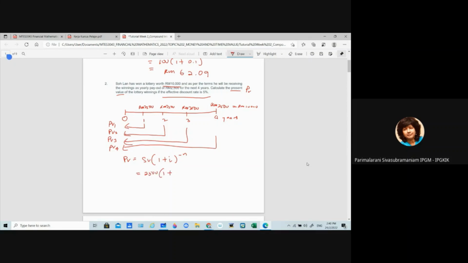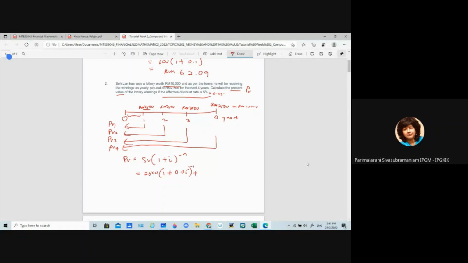So this is 2,500 into, for the first one, PV1 is 2,500 into 1 plus our i, which is 5%, which is 0.05, to the power of, for the first 2,500, the n is 1 year. So this is to the power of negative 1.